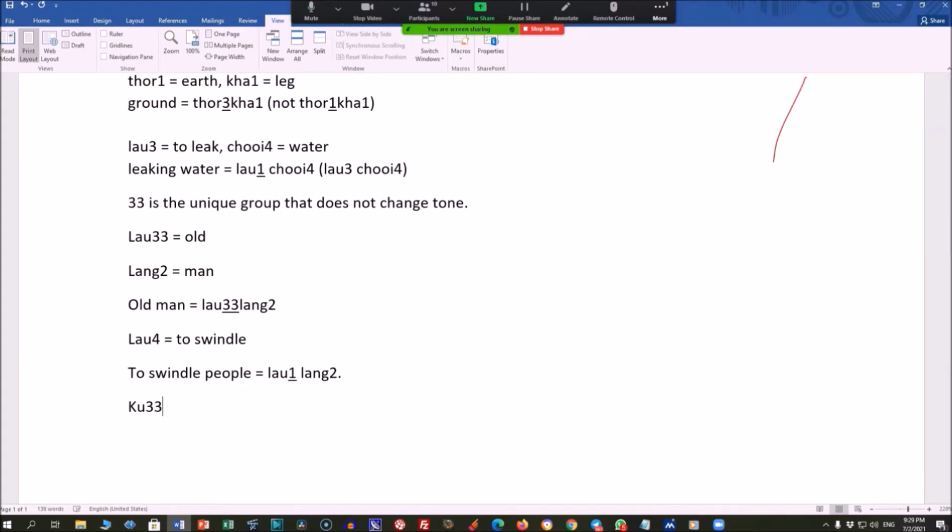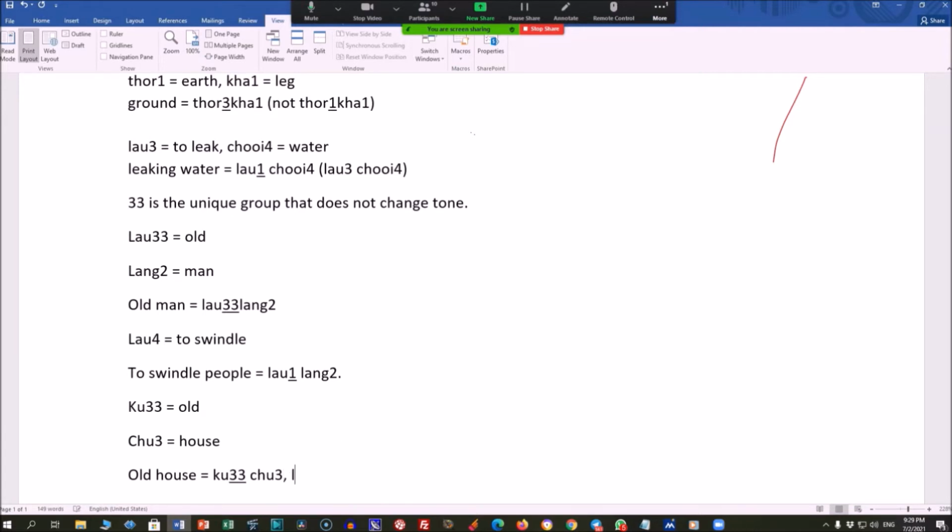Now another word. This is gu. Gu is also another different word for old. So gu and lao are similar but used in different contexts. Gu is usually used for objects. So, gu chu. You can say lao chu, but in this case, gu chu.